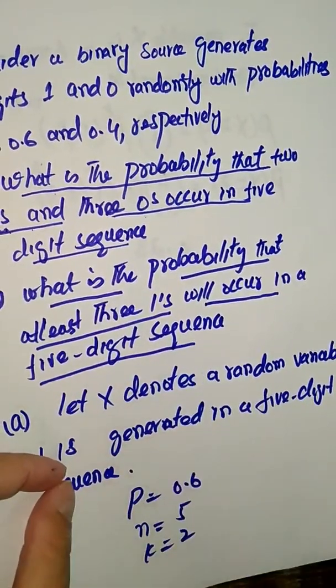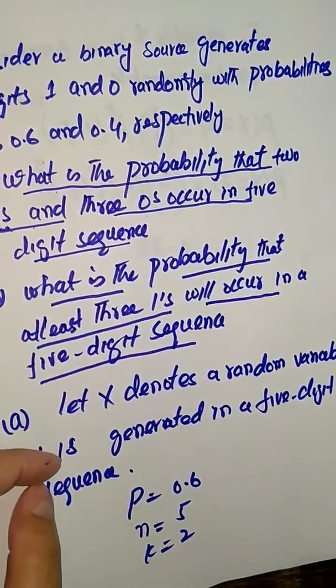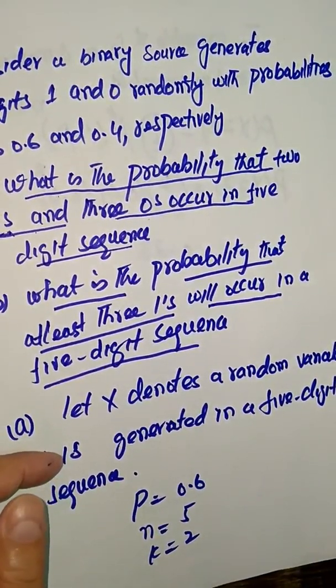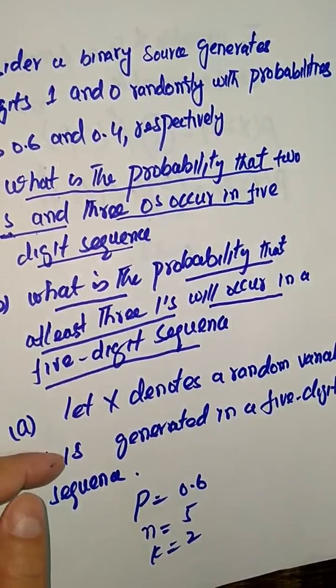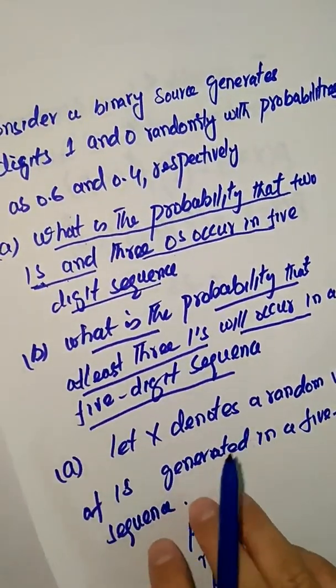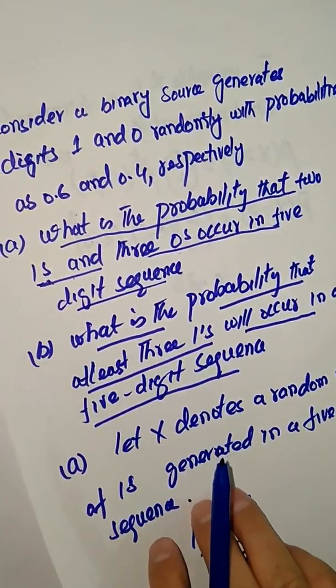in a 5-digit sequence. Now at least 3 ones will occur, so there could be 3, 4 or 5 ones. So we have to find the probability that at least 3 ones should occur.